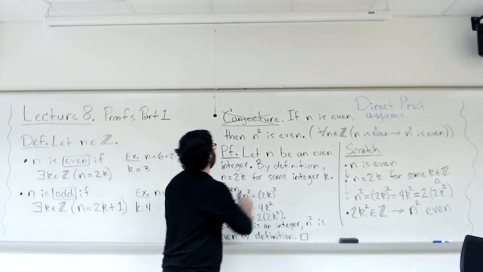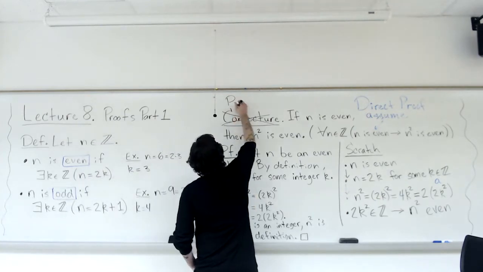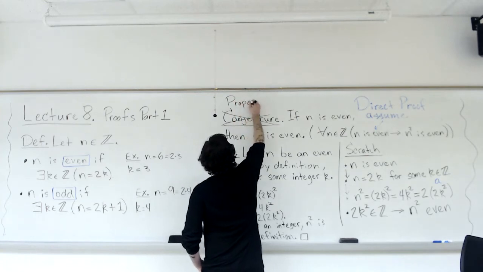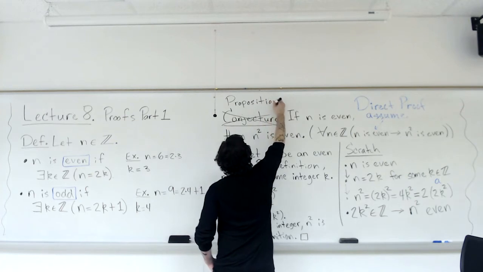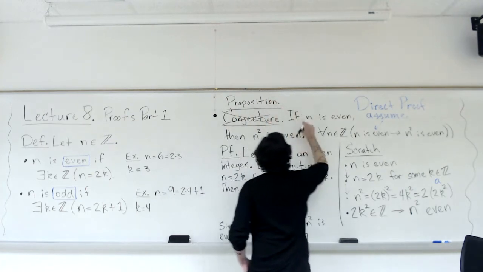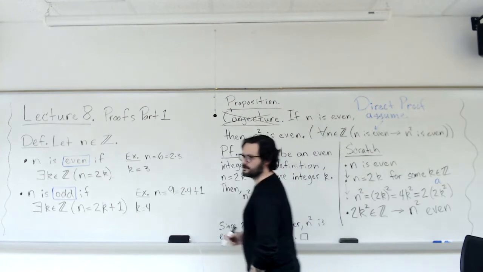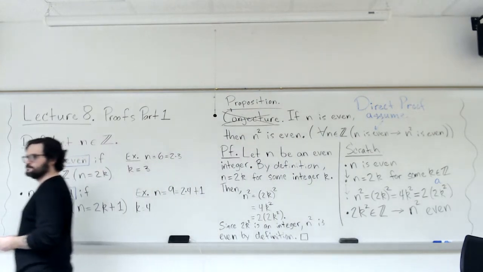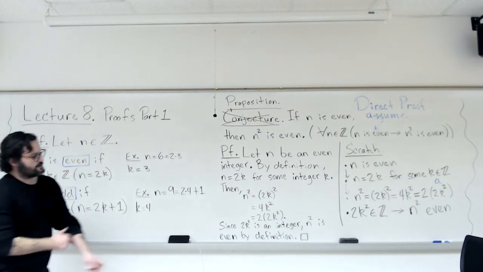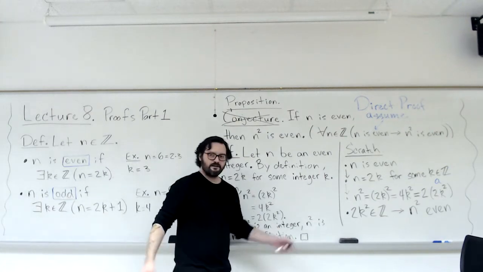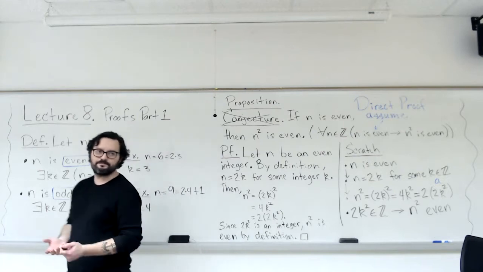So I call this now a proposition. N is even, and n squared is also even.